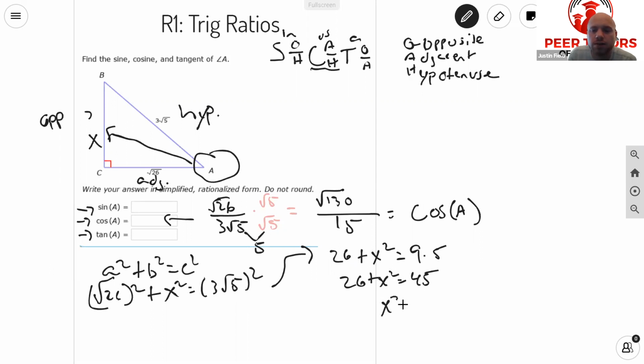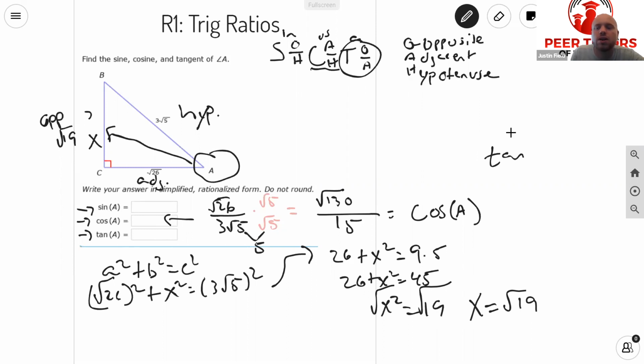So we get 26 plus x squared equals 45. Subtract 26 from both sides. 19. Ugh, that's not a perfect square. Okay, so then we square root both sides. X equals the square root of 19. Goodness. All right, so that makes the tangent of A going to be the opposite. Well, let's see. Tangent is opposite over adjacent.